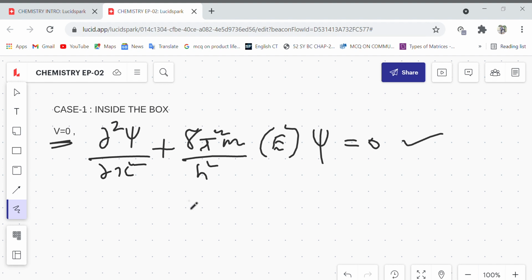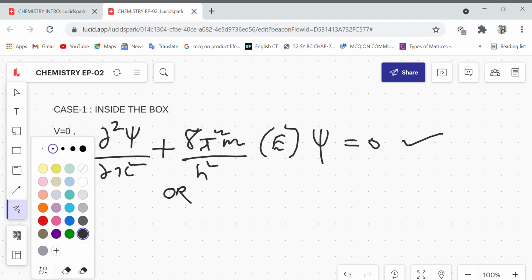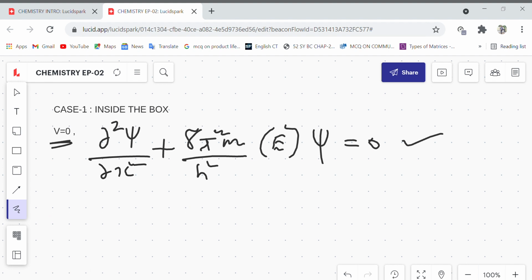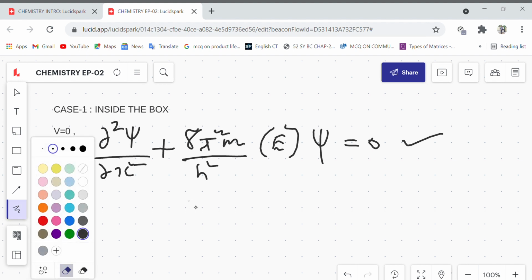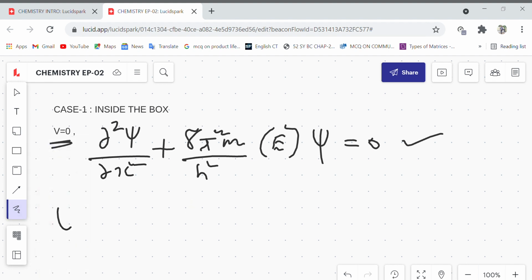And you can also write the value of psi. The value of psi is A sine, please take a notebook or any rough copy and note this down, this is very important.